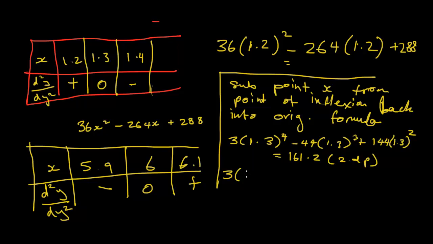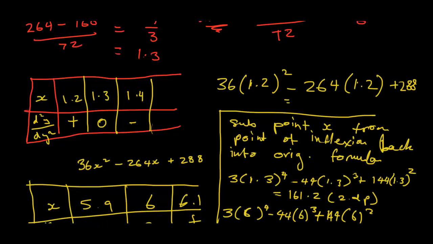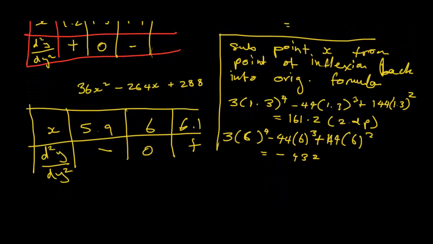So 6 to the 4 minus 44 times 6 to the 3 plus 144 times 6 squared, which equals negative 432. So now we have our points of inflection. That's beautiful. Now I'm just going to write them over here.